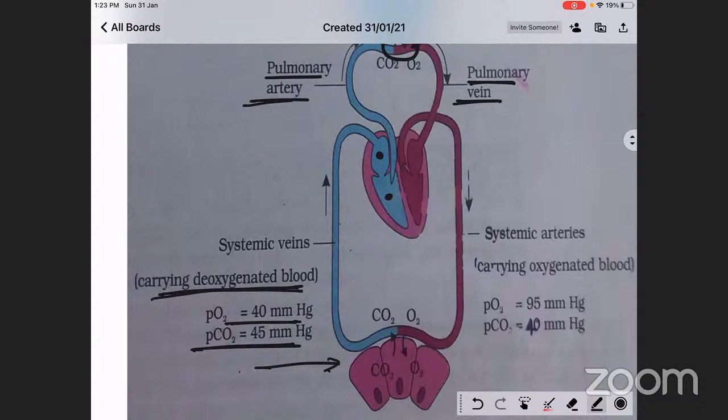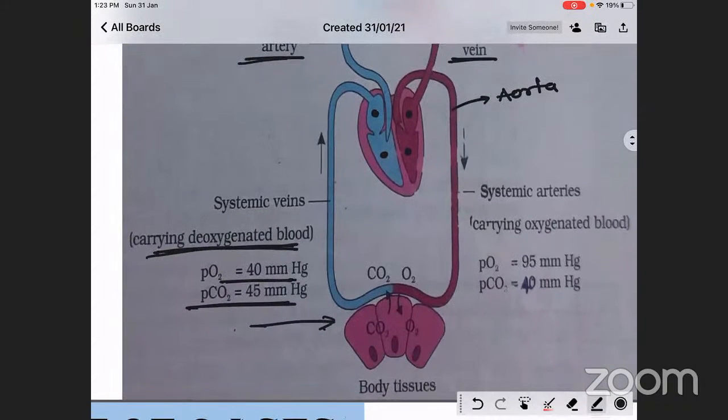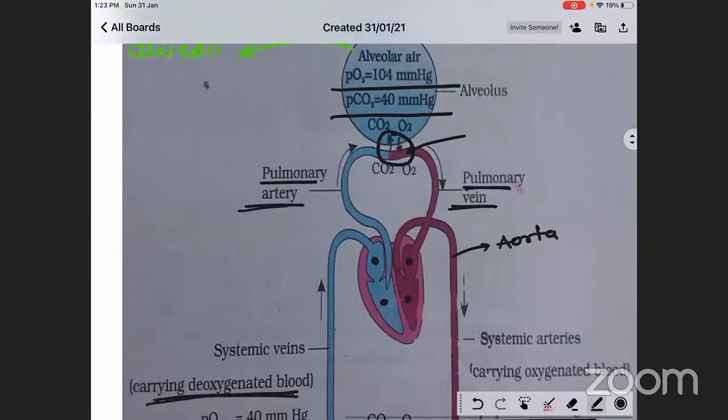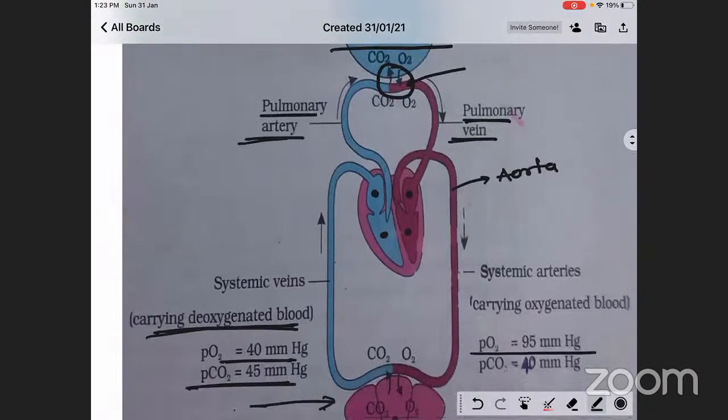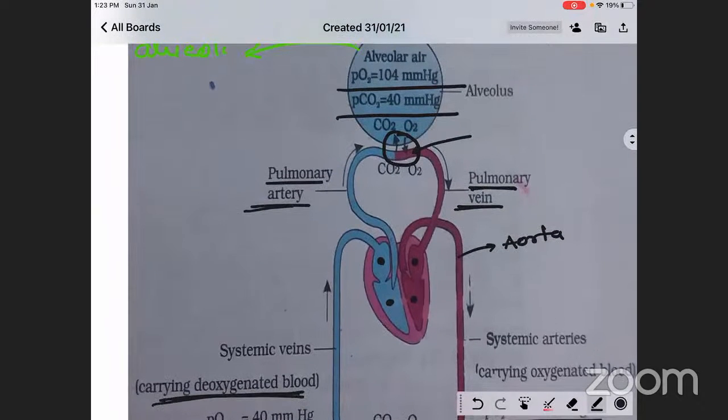So the oxygenated blood comes again into the left atrium, then reaches the left ventricle, and from the left ventricle through the aorta, it is carried out to the body tissue. We can see here the partial pressure of oxygen is 95 mmHg. Now let's see: in this oxygenated blood, the partial pressure of oxygen is 95 mmHg, but in the alveoli it is 104 mmHg.